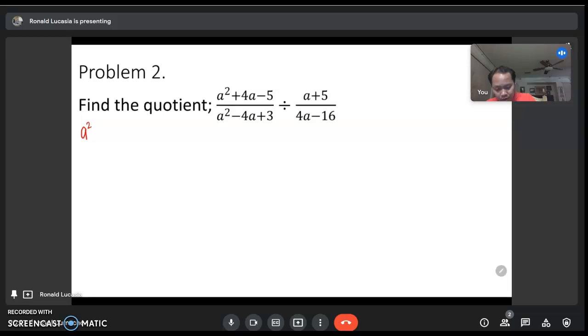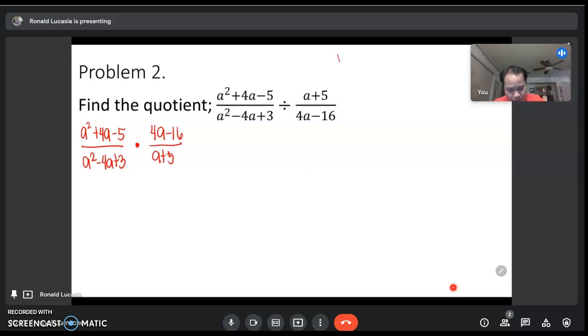So that's a squared plus 4a minus 5 over a squared minus 4a plus 3 multiplied by the reciprocal of the second fraction. So that's 4a minus 16 over a plus 5.